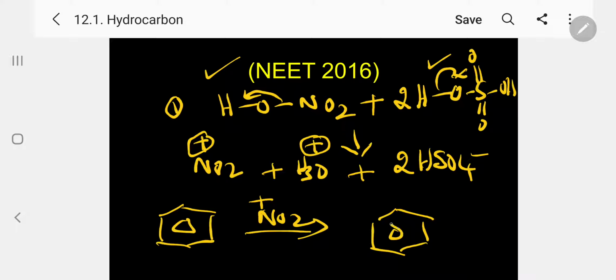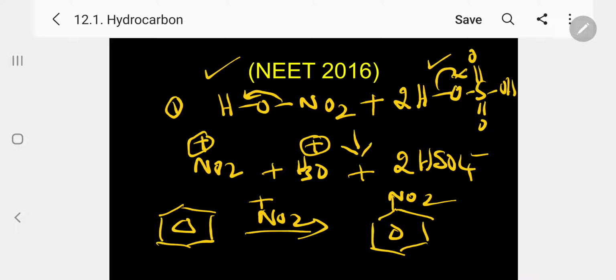So hydrogen is substituted by the nitro group. This is the product. Now the question is, in presence of excess potassium hydrogen sulfate, what will happen to the rate of the reaction?